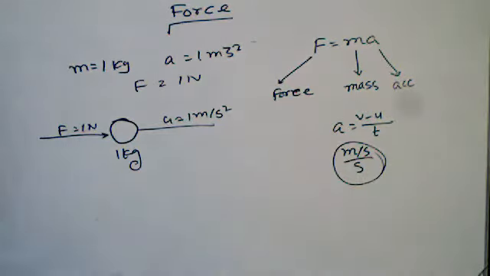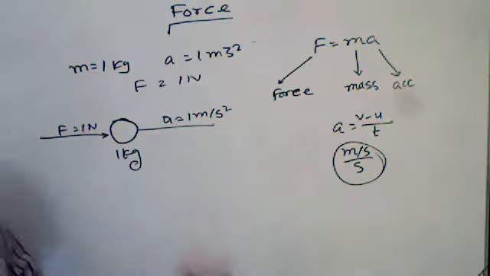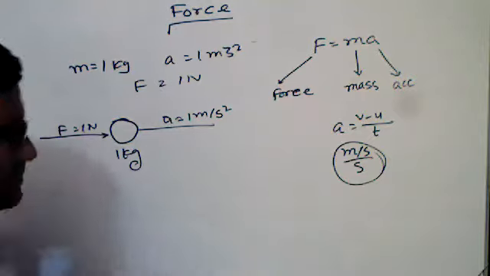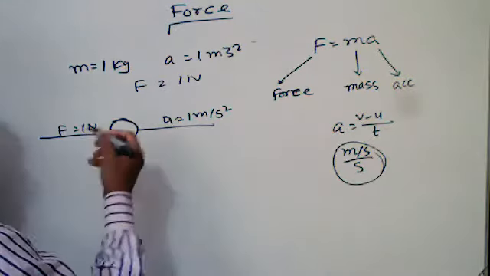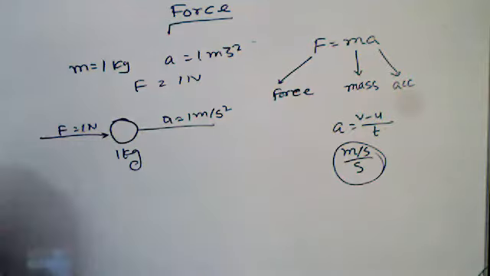This phenomenon denotes 1 Newton. That amount of force applied on a 1 kilogram object that creates 1 meter per second square acceleration is called 1 Newton.